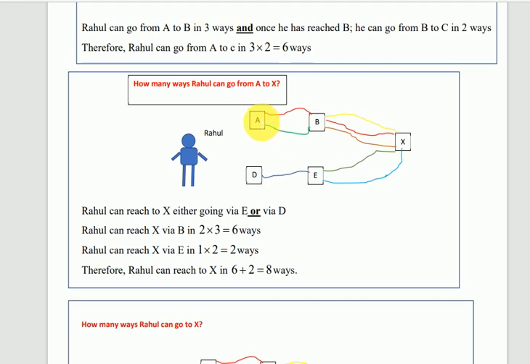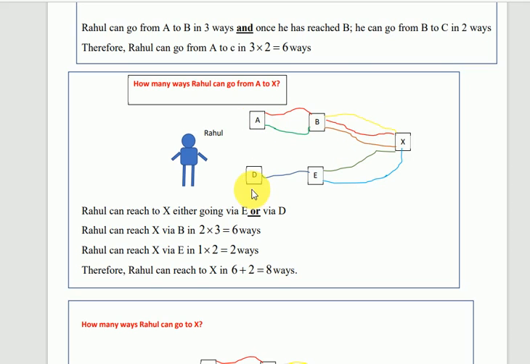Firstly we'll find that if Rahul follows this route via B, then how many ways can Rahul go to X? You can see A to B Rahul can go 2 ways, and from B to X Rahul can go 3 ways. That means if Rahul goes from A to X via B, then Rahul can go 2 into 3 equal to 6 ways.